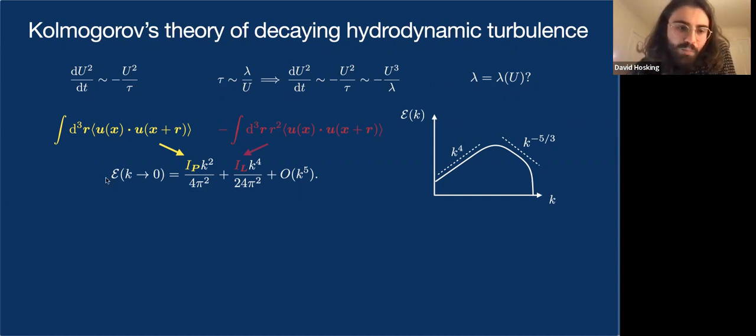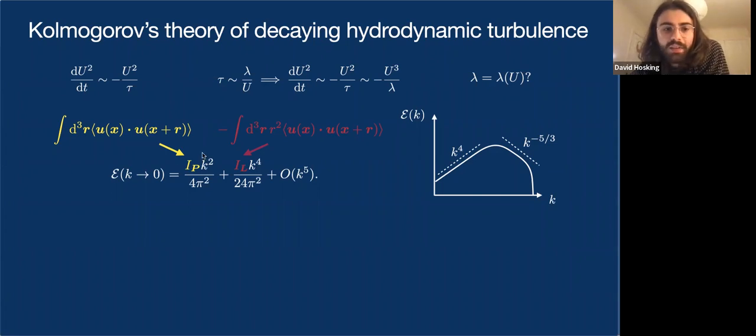If one takes the formal expression for the kinetic energy power spectrum as a function of wave number, by which I mean that the spectrum is the Fourier transform of the two-point velocity correlation function, and one formally expands that in small k, the result, assuming that correlations decay sufficiently quickly, is the following Taylor series, which takes the form something times k squared plus something times k to the 4.